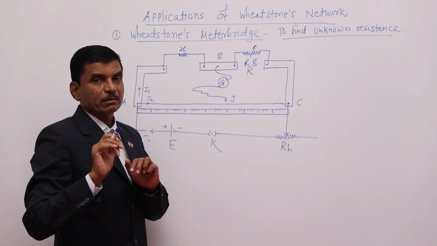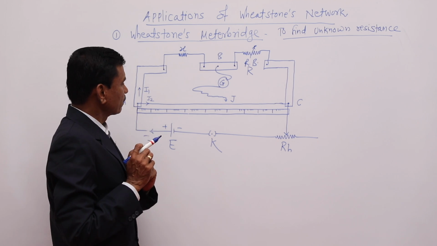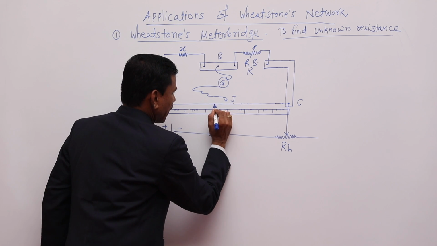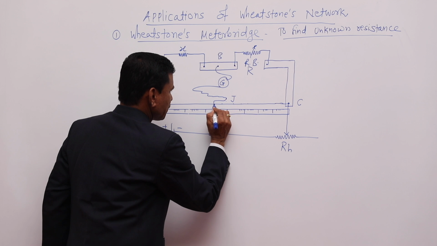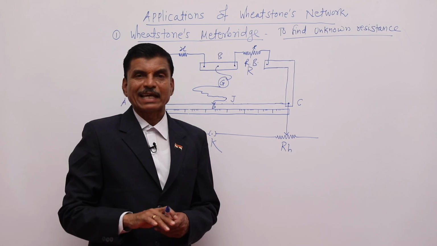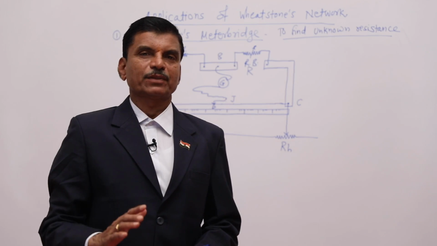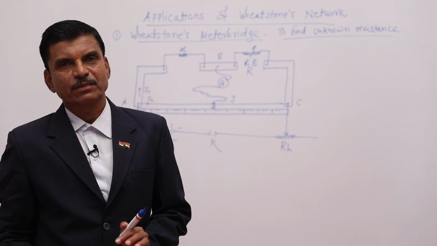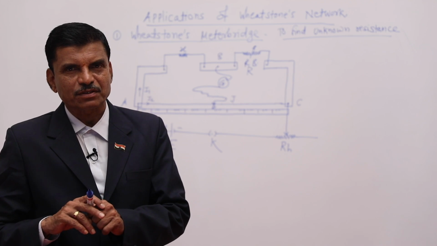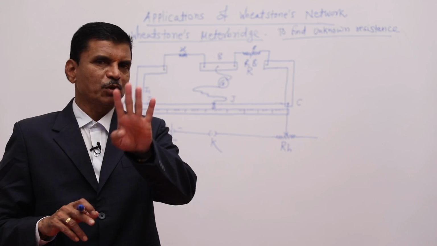Now, what is our work? What is our practical work? Touch the jockey at different points and find a certain point D on the wire such that the galvanometer will show zero deflection, and that is our balancing condition. So the network is balanced. Again, it has 4 resistances. Instead of P, Q, R, S, there are 4 resistances.